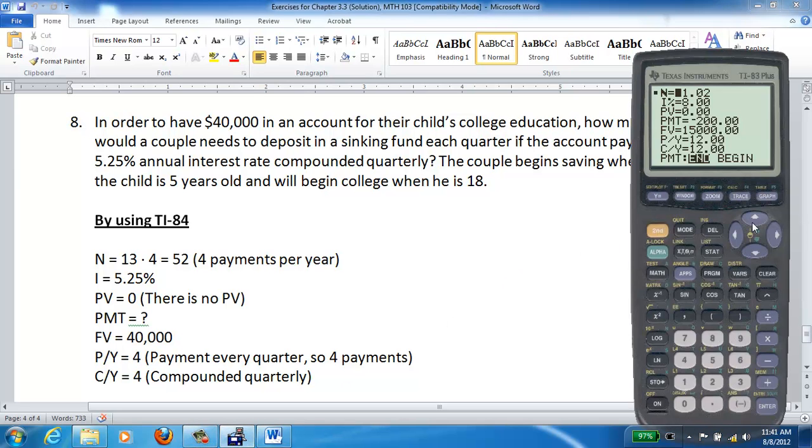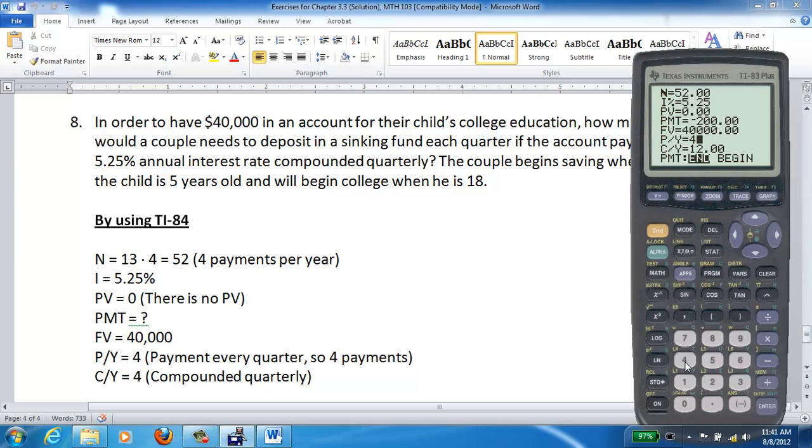So let's go to see this problem. So we have 13 years from 5 to 18 times 4 quarterly. The interest rate is 5.25. Present value is 0, you look for the payment and he wants to have when he's 18, 40,000.